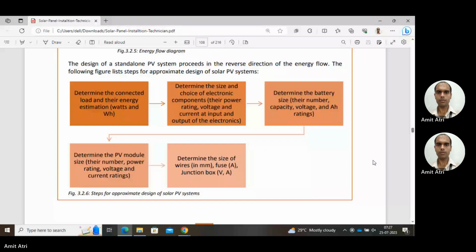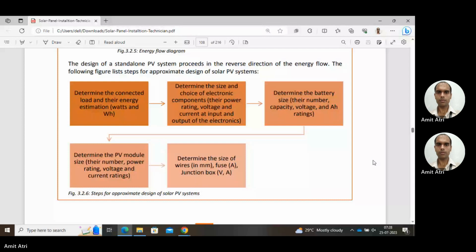Okay, remember the first unit, which we initially started. Every component which is placed, every equipment, if it is a house, then household devices, fan, kitchen appliances, tube lights, different lights, all of them are load.